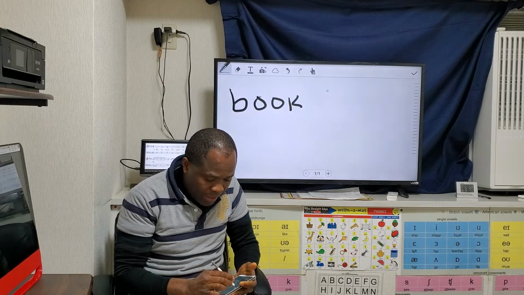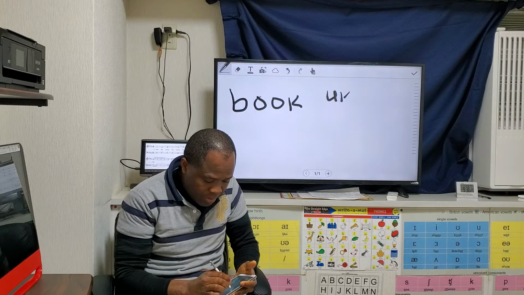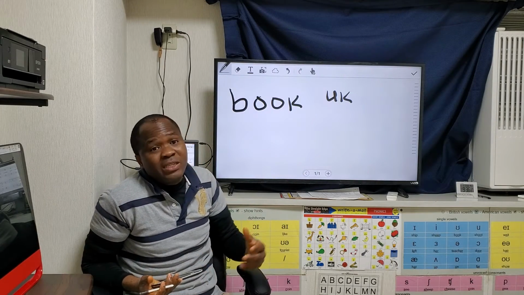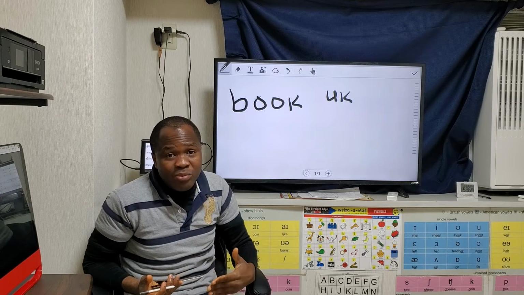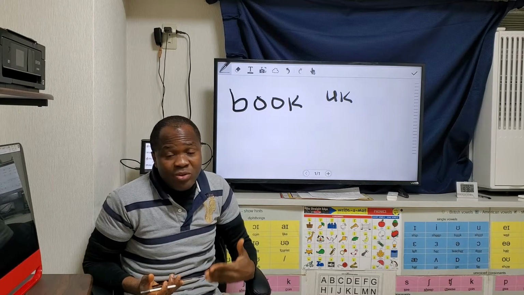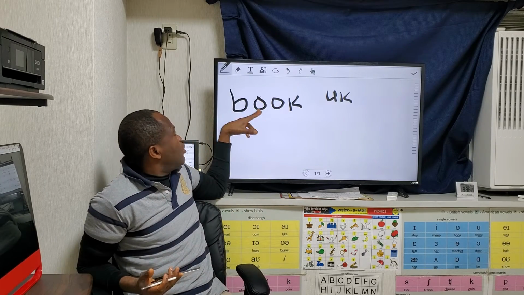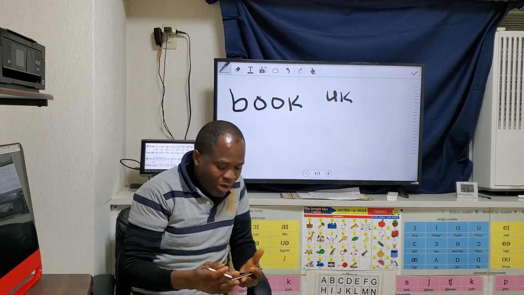First, let's look at the UK. Under the UK, we already studied the symbol that they use. It's not an alphabetical letter, but it is a symbol. So BOOK. Let's see how to pronounce this.